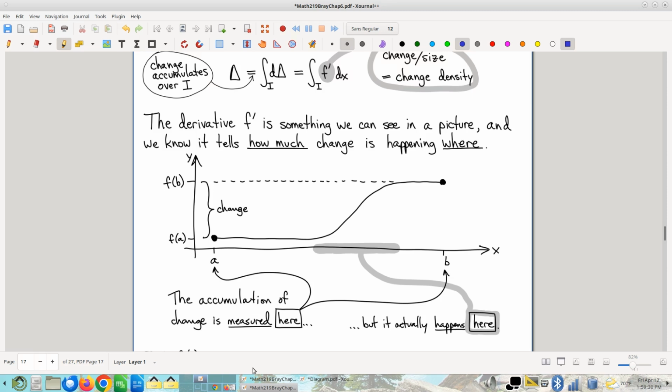And I could reasonably ask, well, okay, this change that we measure on the boundary, is more of it coming from here, or is more of it coming from here? There's no confusion about that question. There's obviously plenty of change happening here, and there's no change happening here. So in that same sense, I asked the question that we were looking at a second ago.